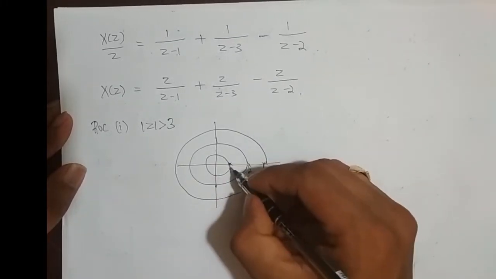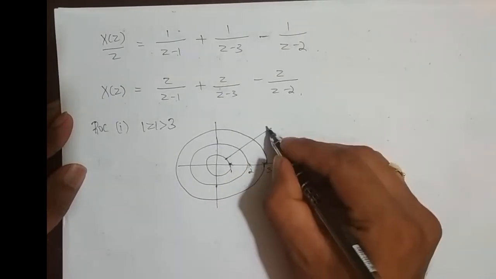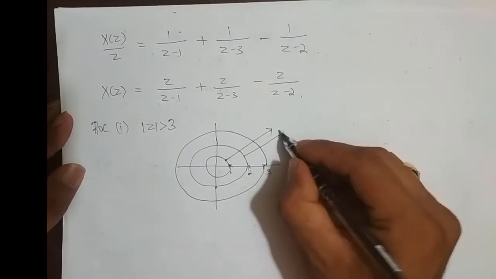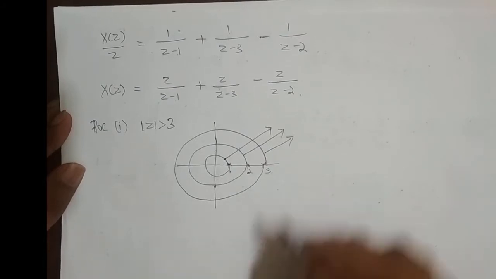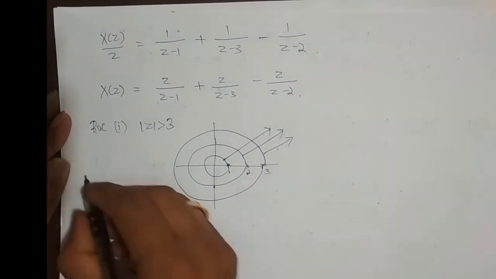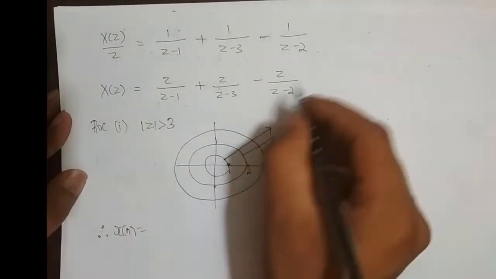For that, the circle corresponding to pole 1 should be a right sided sequence, the circle corresponding to pole 2 should be a right sided sequence, and pole 3 should also be a right sided sequence. Then only will all the 3 ROC intersect. So all the 3 are right sided, right?